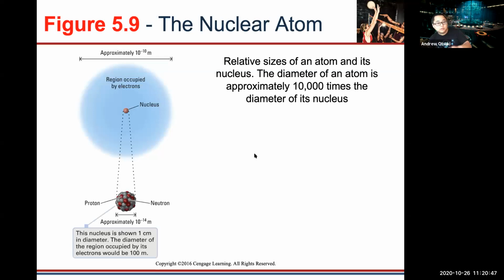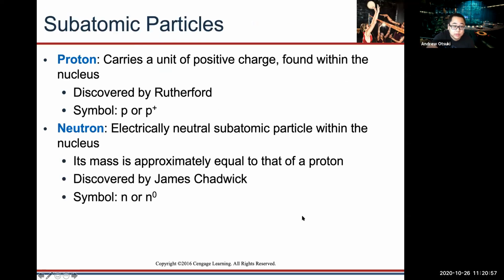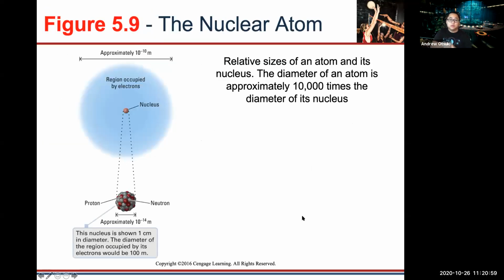All right, so you see here the nuclear atom, the relative sizes of the atom. The central part here is the nucleus, and it's made of these protons and neutrons.